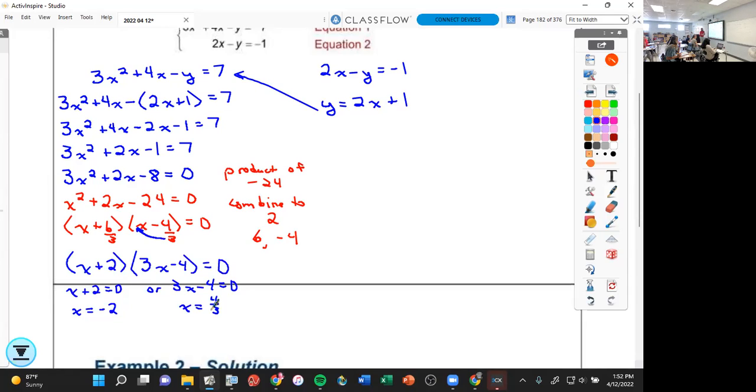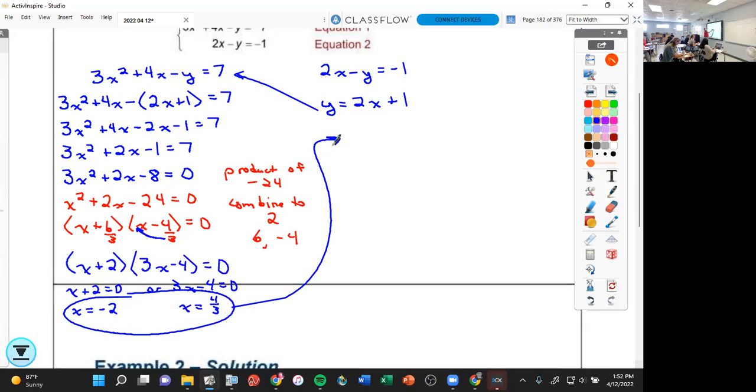Now I know what x is, but I have two different values, which means I need to take both of those values. Both of these need to come over here. So I'm going to have x equals -2, and I'm going to have x equals 4/3.